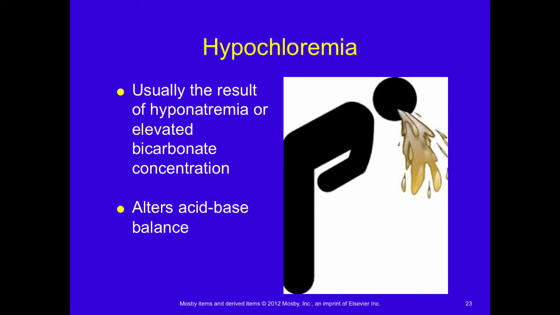Hypochloremia. The main causes of this electrolyte imbalance, if you can imagine, what other electrolyte could be deficient to cause hypochloremia? Okay, hopefully you said sodium. Remember, sodium chloride. So it could be the result of hyponatremia.